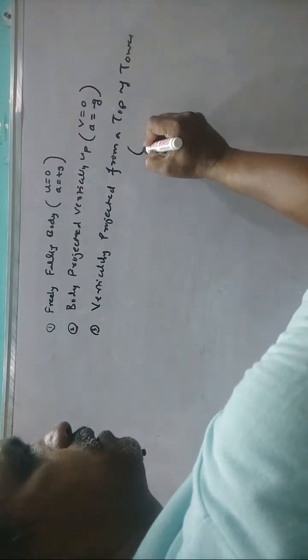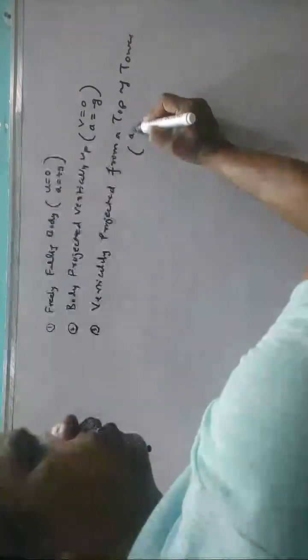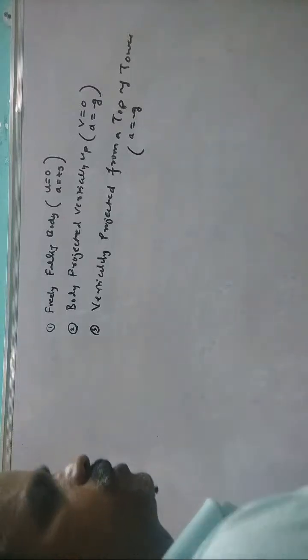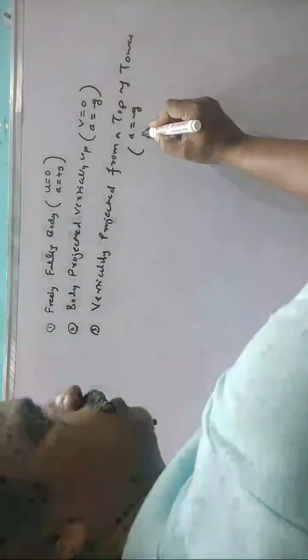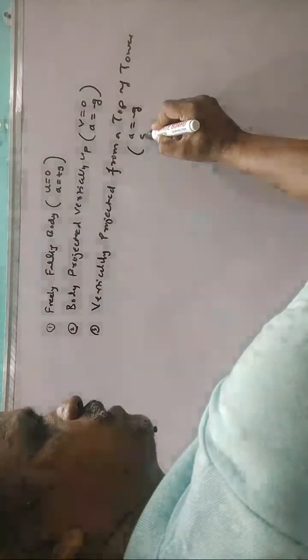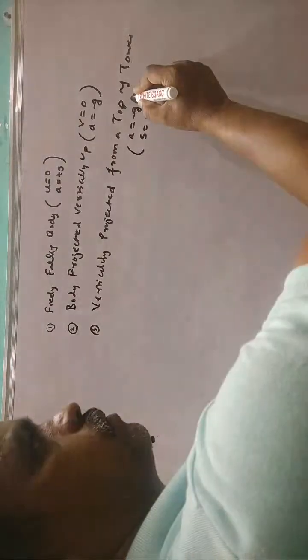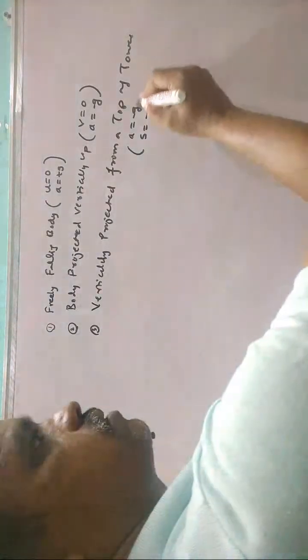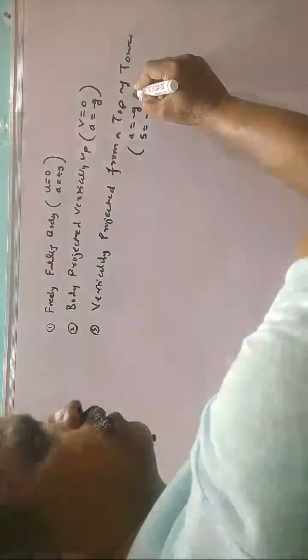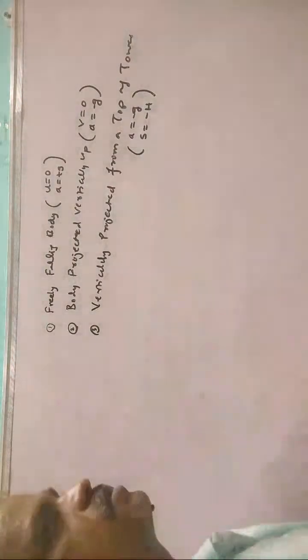In this case, a equal to minus g you should take. Then net displacement equal to minus h.